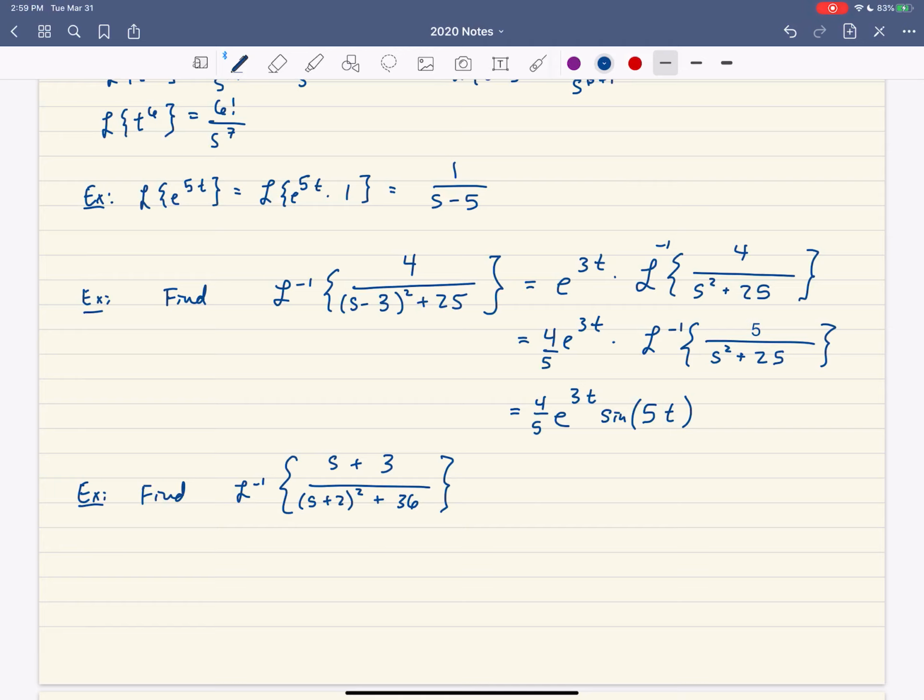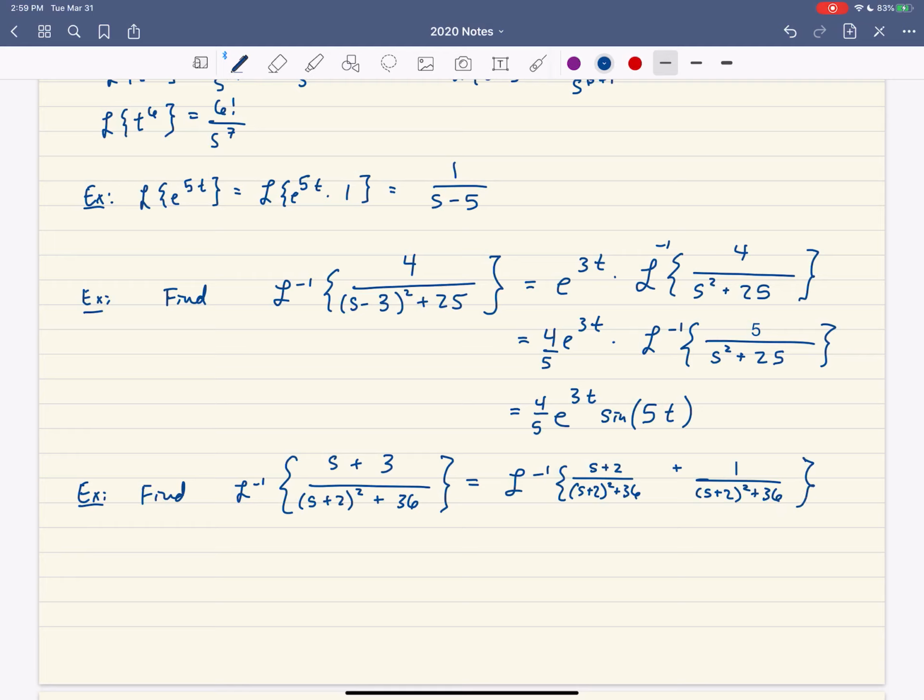What we need to do is shift this, so I'm going to manipulate the numerator. I'm going to write this as s plus 2 plus 1 over s plus 2 squared plus 36, which is s plus 2 over the quantity s plus 2 squared plus 36, plus 1 over the quantity s plus 2 squared plus 36.